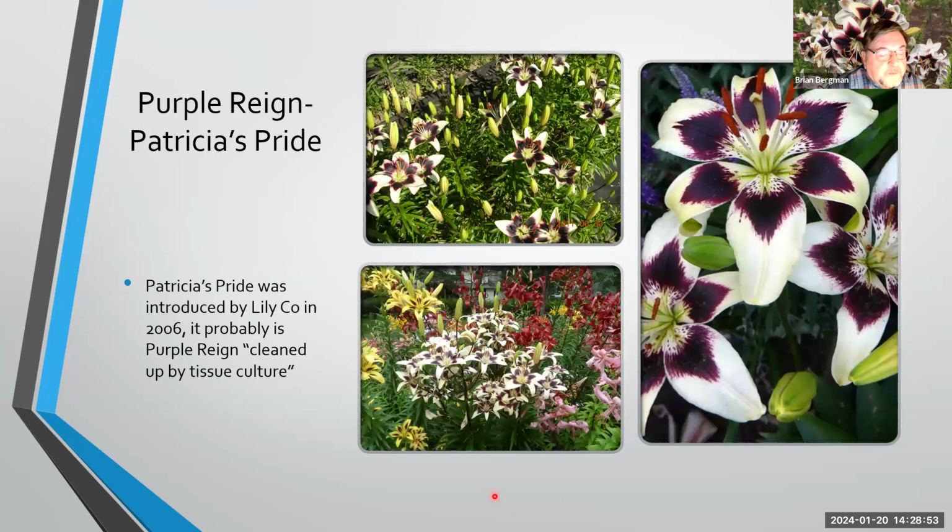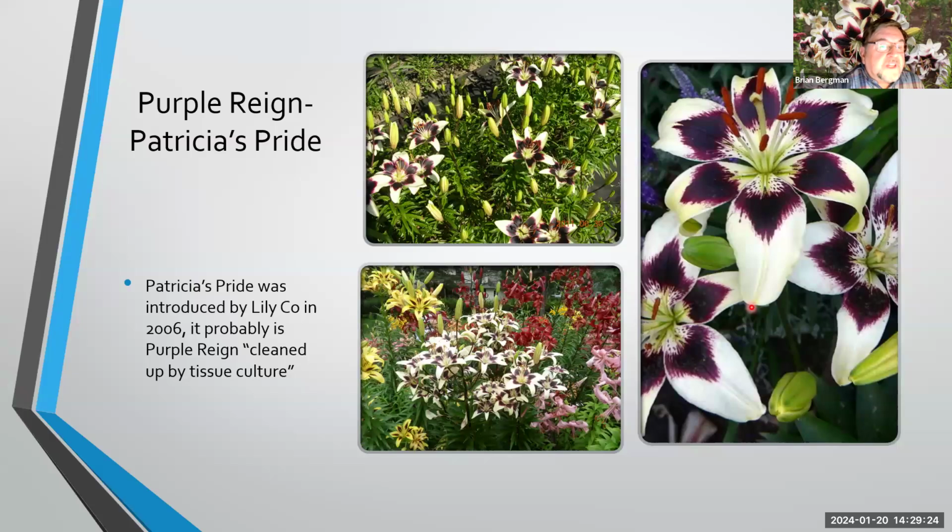Patricia's Pride, Purple Rain. Now, they're both umbel inflorescence. But if you look at the flower, the pollen and the shape of the flower, then you can distinguish between these two. Oftentimes when you go to a retail place, they'll say it's Nettie's Pride and maybe it's Purple Rain, or you'll get Purple Rain and maybe it's Nettie's Pride.